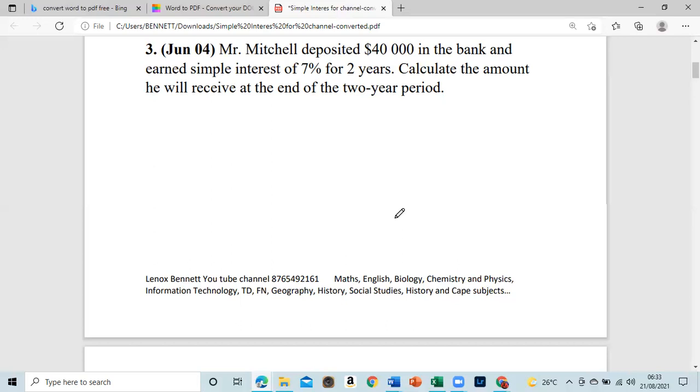They're basically telling you to calculate it year 1 and then year 2. They say for 2 years, but they say at the end of a 2-year period, so it's basically yearly. So we calculate 7%.